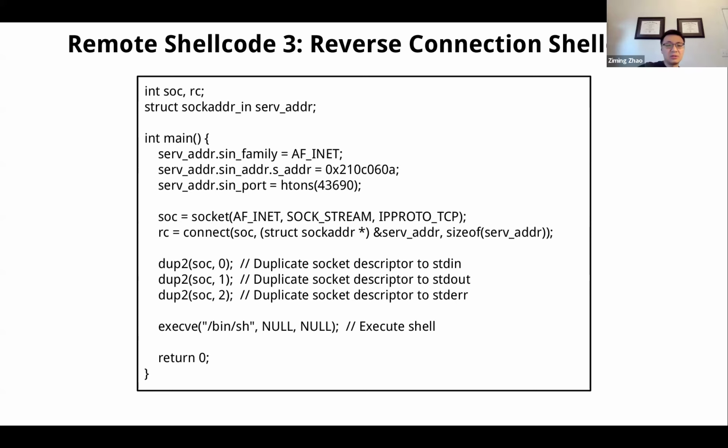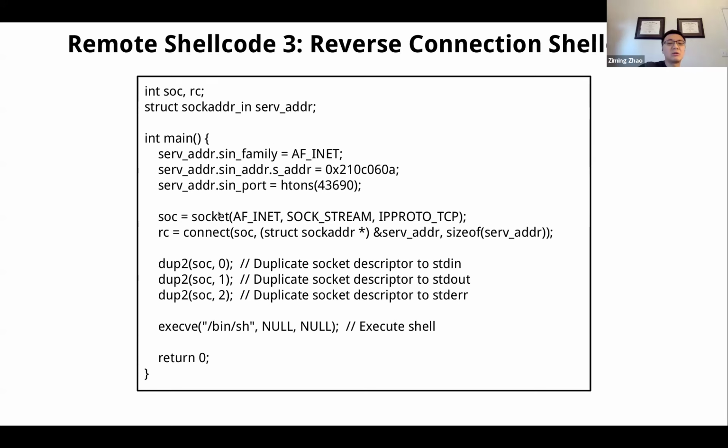Okay, so the basic idea of this is also very simple. Let's say first the server address here is actually the attacker's address. The attacker has an IP address, and this is the attacker's IP address. This is the attacker's port number. Then on the exploited system, it will execute this piece of code.